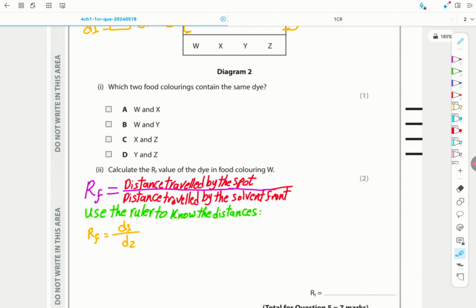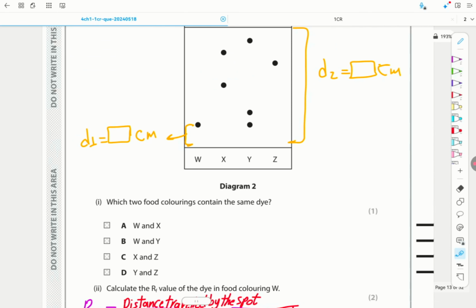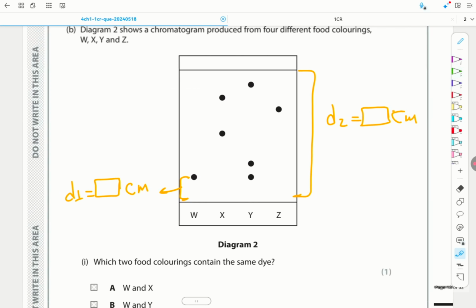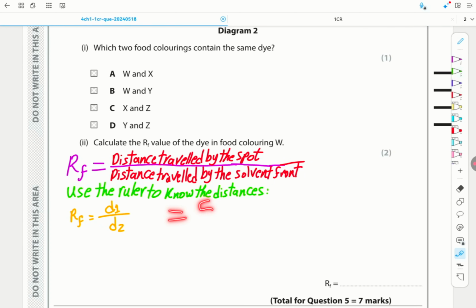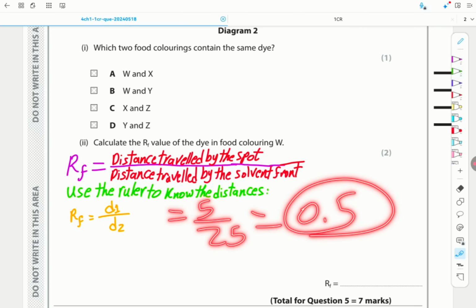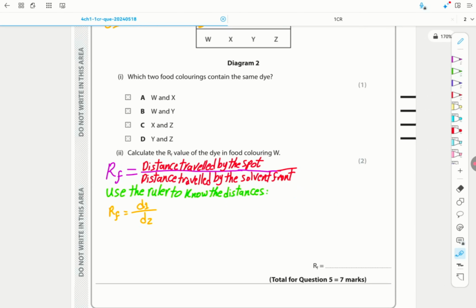Teacher, how can I answer this question? Generally, you have to bring a ruler with you to the exam, so you are going to measure this and measure this one. Let's say that, for example, this is 5 centimeters and this is 25 centimeters. We divide 5 over 25, and the result is going to be 0.5, so the RF is 0.5.